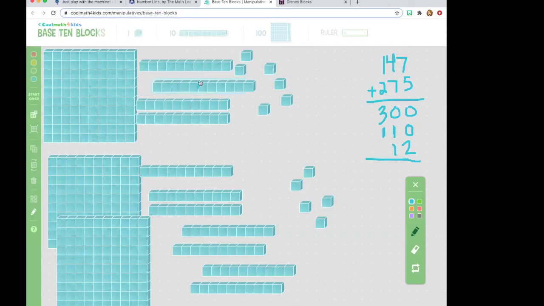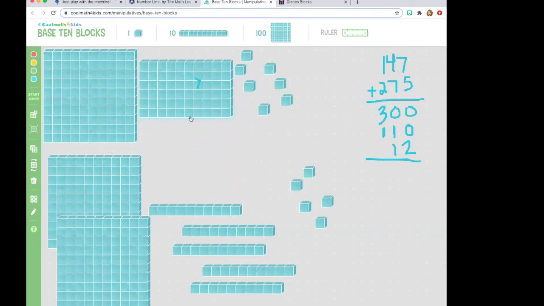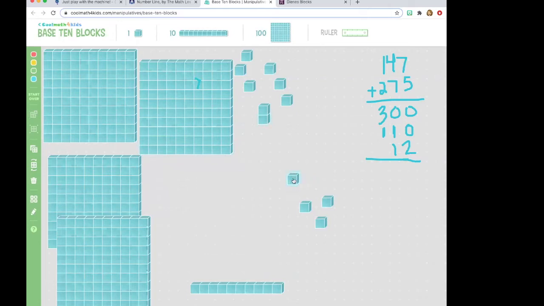by regrouping. So here we go. Oh, oops, I'm going to turn the pen off. We can put 10 rods together. 1, 2, 3, 4, 5, 6, 7, 8, 9, 10. Now we have another flat, and 1, 2, 3, 4, 5, 6, 7, 8, 9.